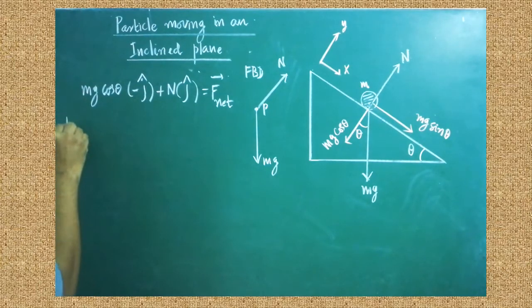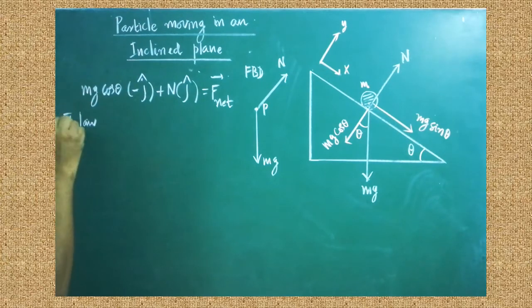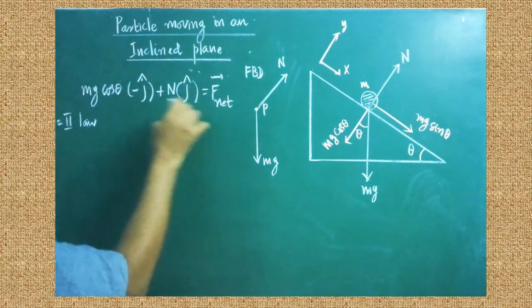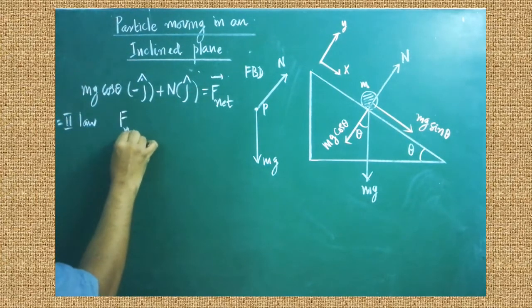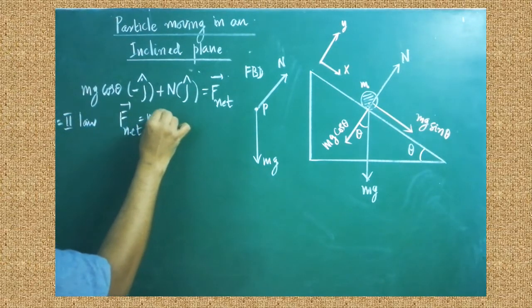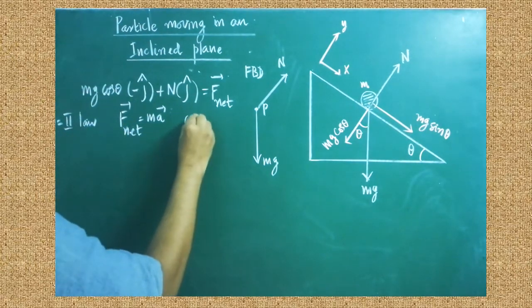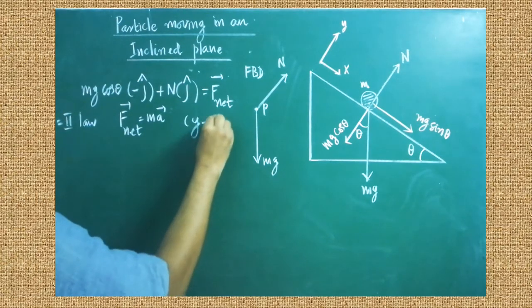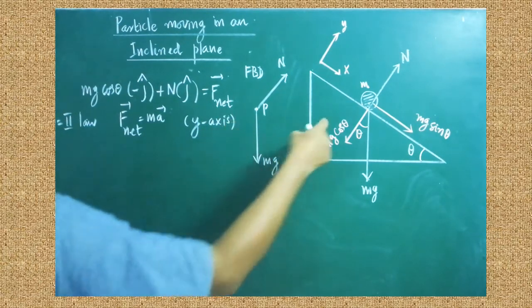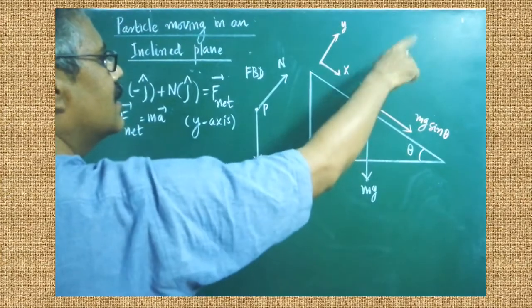By using Newton's second law, how will you write the net force? The net force can be written as F net equals, what is the formula? M into A. F net is equal to m a. This is the formula from Newton's second law. Now we will see whether there is any movement or acceleration along the y axis.